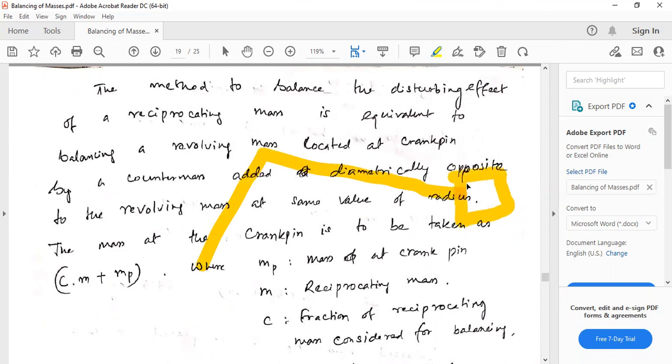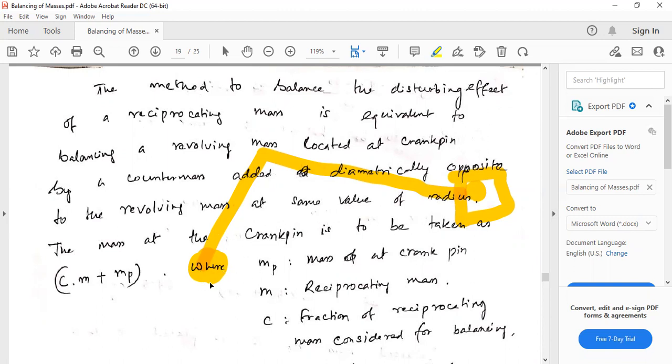Let's draw it here. So this is the slider, this is the crank pin. So balancing a revolving mass at the crank pin, there is a mass at the crank pin which is revolving, by a counter mass added diametrically opposite to the revolving mass at the same value of radius.